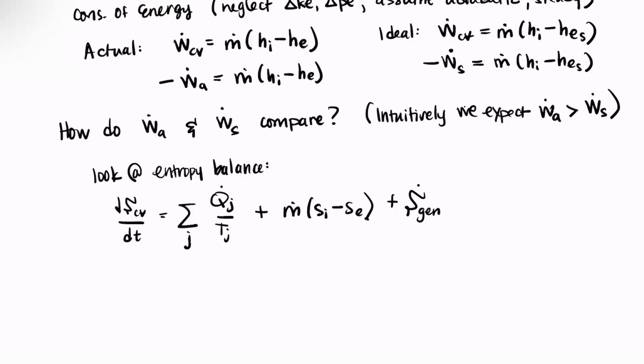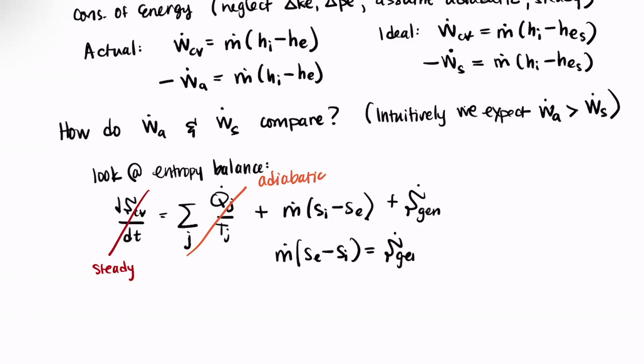So since we were saying this is a steady system and it's also adiabatic, then we get rid of these two terms, which means that we have m dot times (se minus si) is equal to S dot gen. I haven't picked up a minus sign because I flipped the order of se and si.